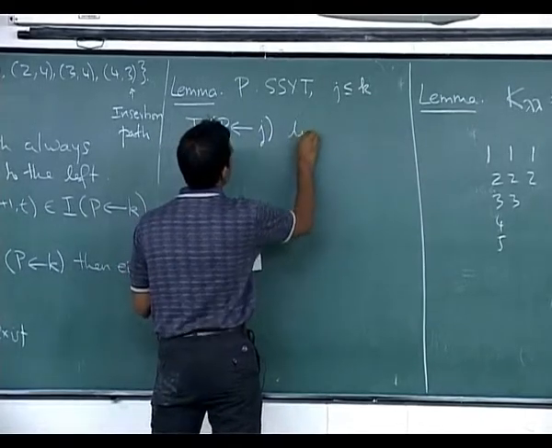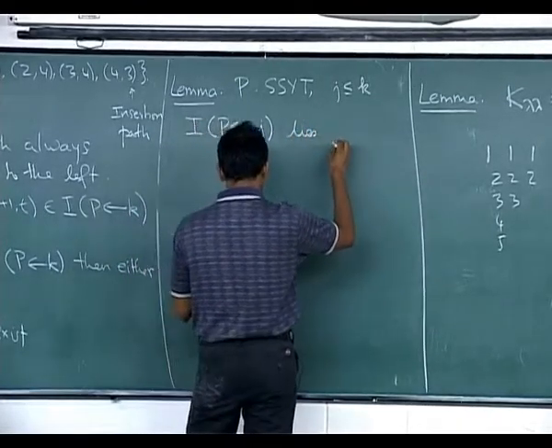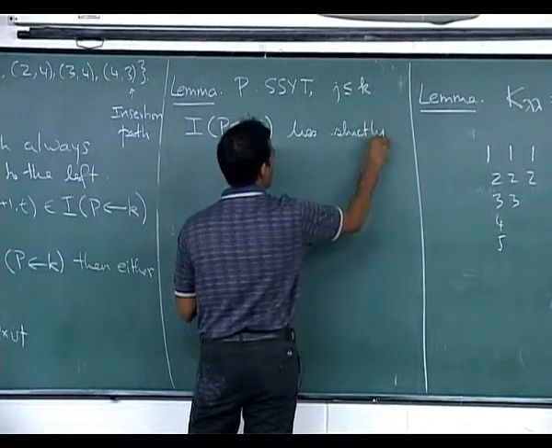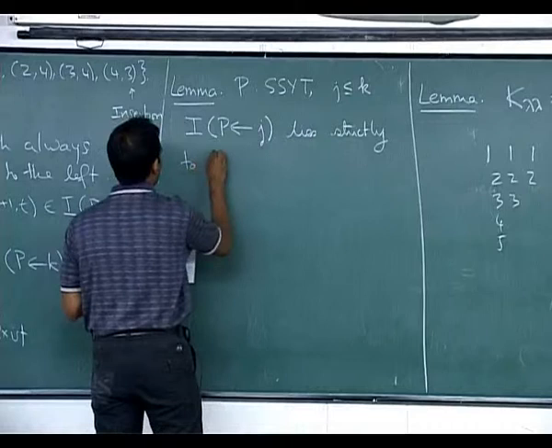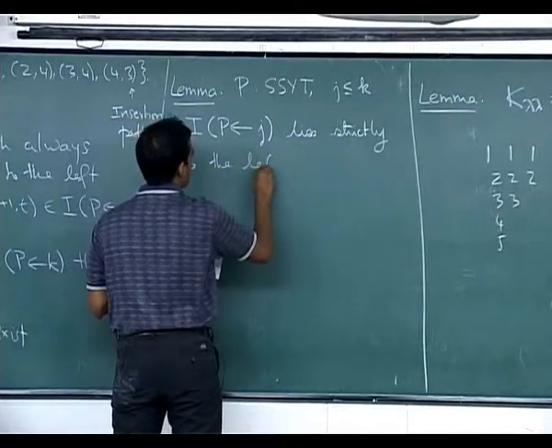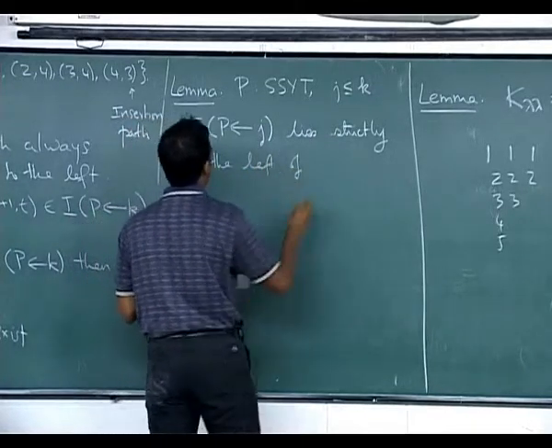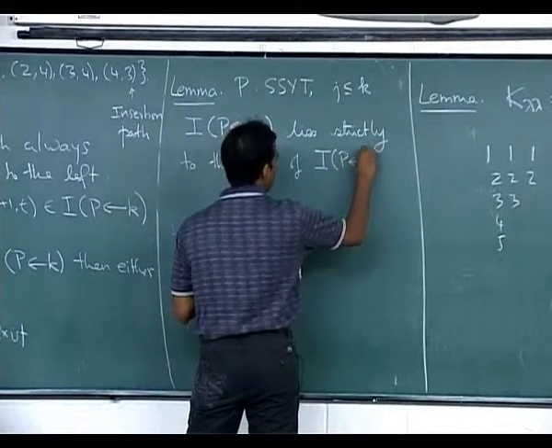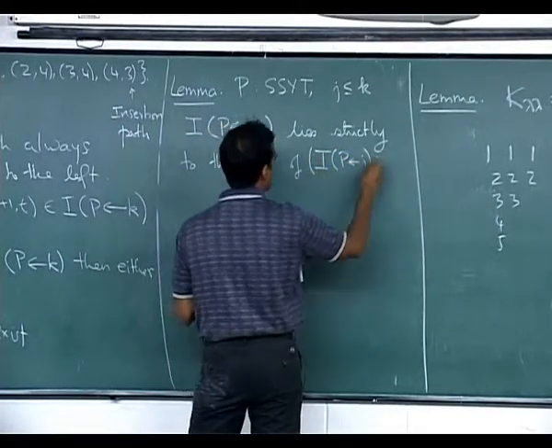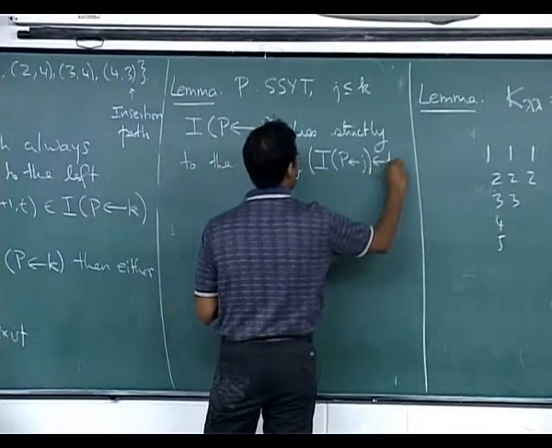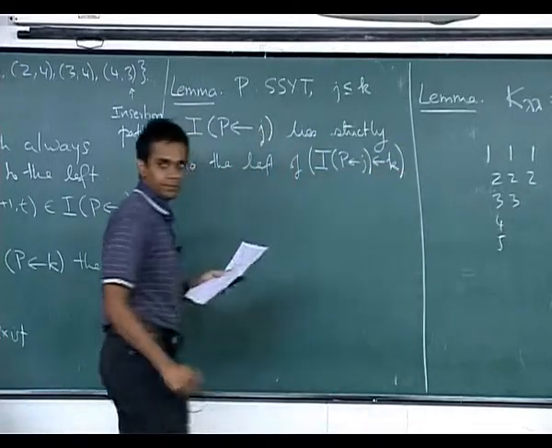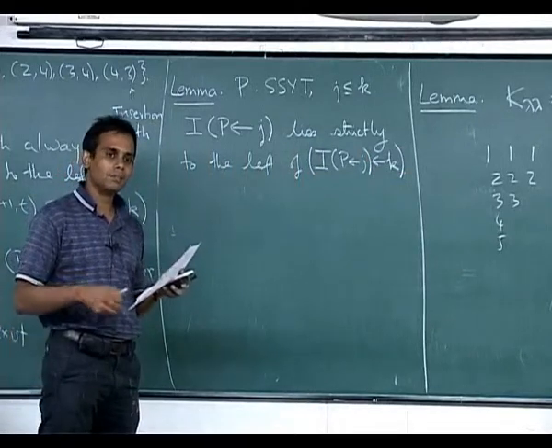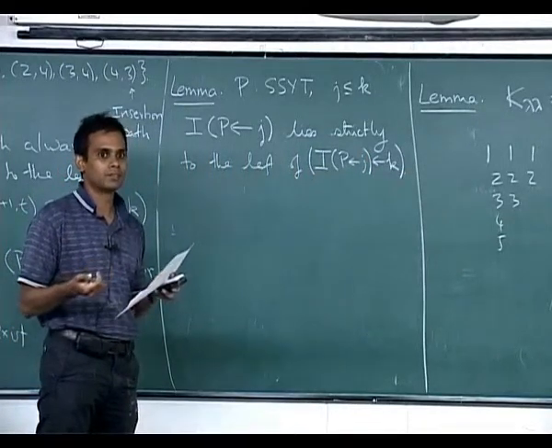This lies strictly to the left of I. Now, you take this insertion tableau and then you insert K into it. The second insertion path will be to the right of the first insertion path.